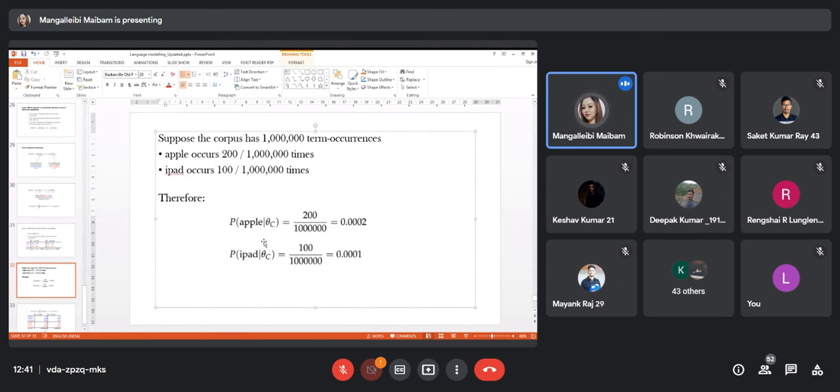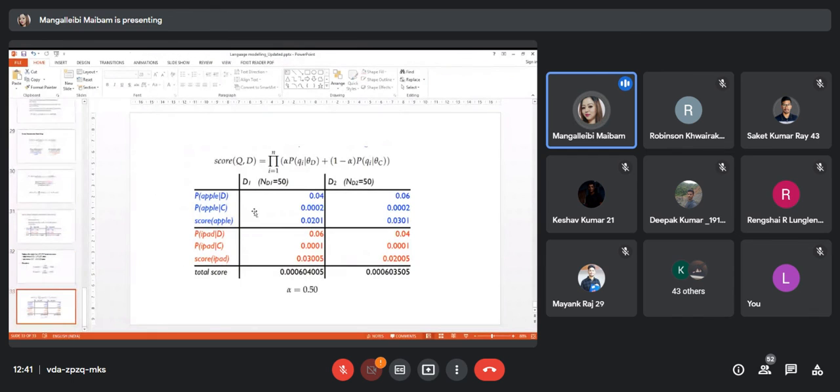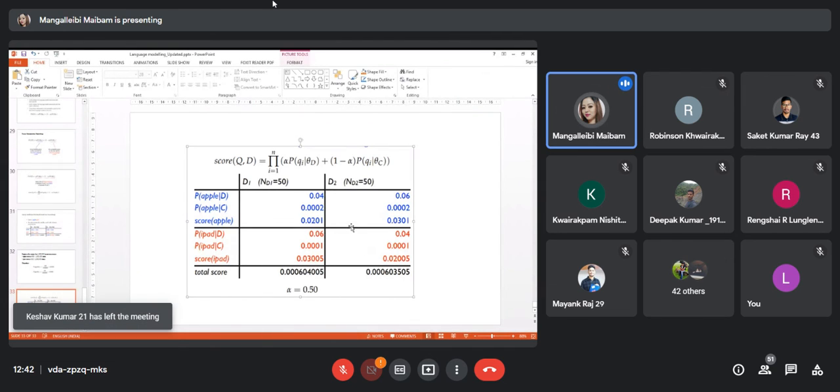The calculation will be a little different. For the entire collection, we have calculated the probabilities for Apple and iPad. Then you can see the score we have to find after finding each score in the document. Each score in the document we have calculated here. After that, we will do the entire calculation.